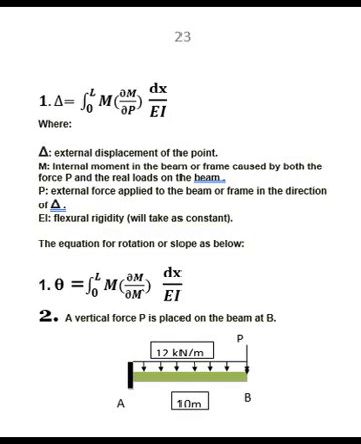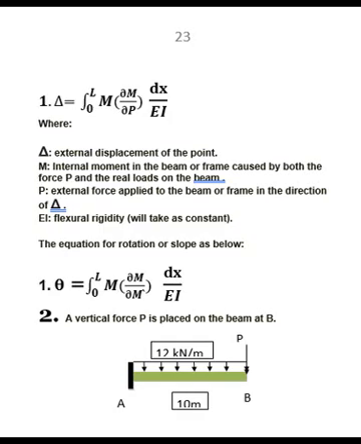M dash is the moment applied to the beam at the point where we want to find the slope.